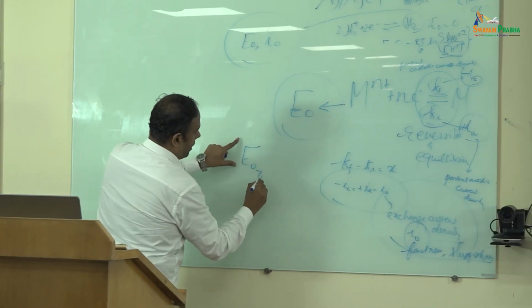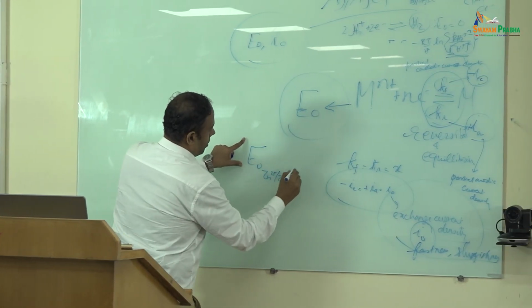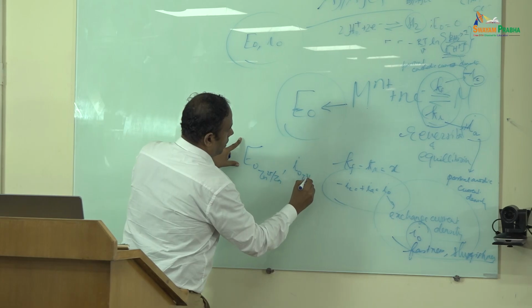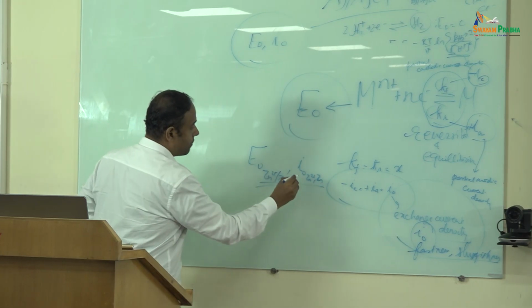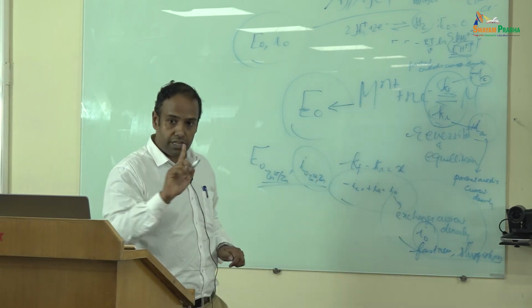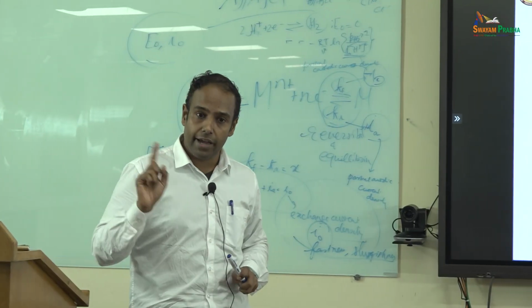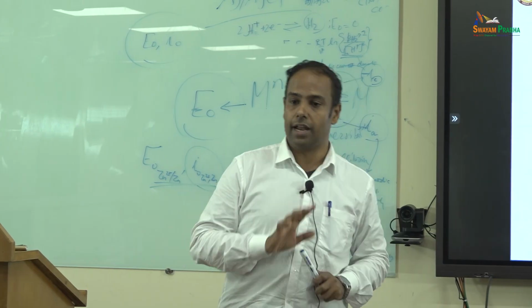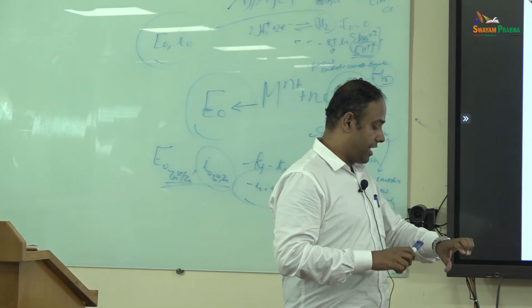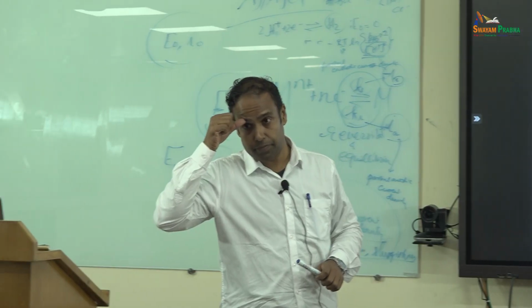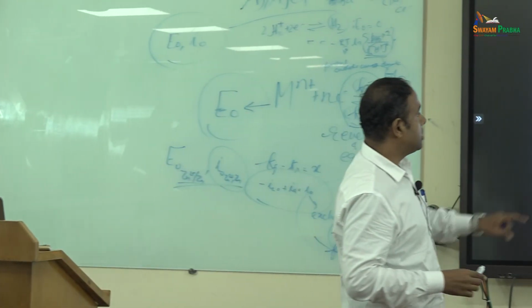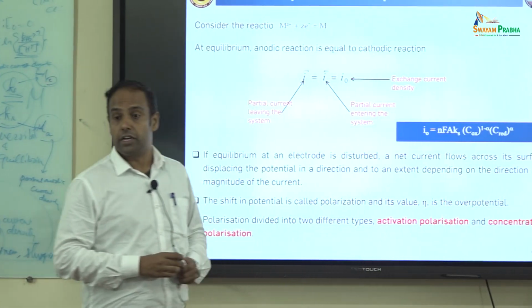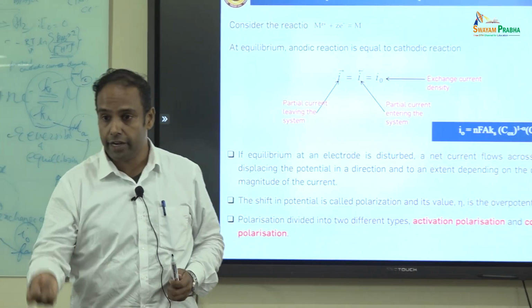So for that partial reaction of zinc, I would have had an I naught and E naught value, and these will depend on what the electrode is, what the area of the electrode is, what the electrolyte is, and how they relate. That we will see in the next slide. So I naught is the exchange current density of the system. It is not 0, it is a finite value.